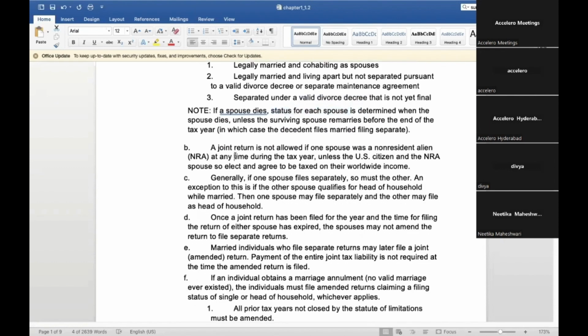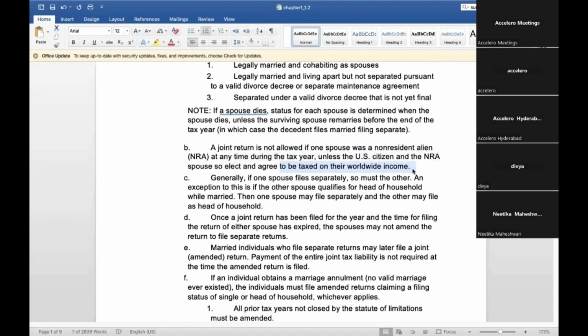In this condition, when one of the spouses is a US person and the other one is not, then they should not be filing married filing jointly unless the person who is not a US resident agrees to be taxed on worldwide income.